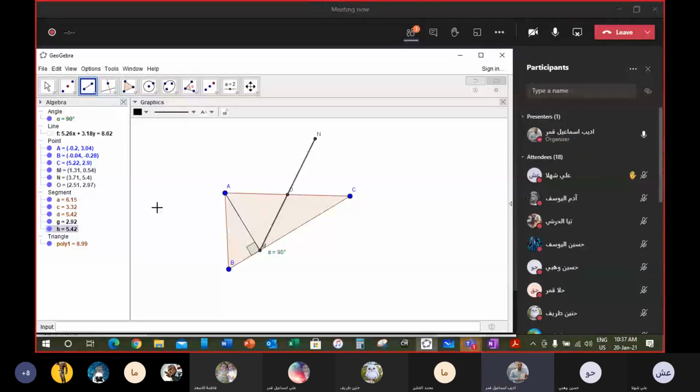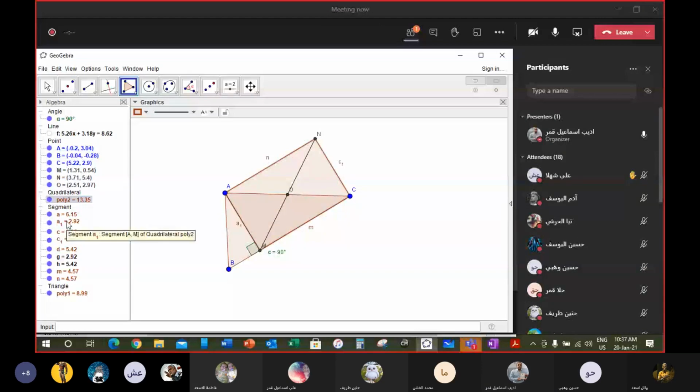Finally, show that AMCN is a rectangle. We join the quadrilateral AMCN.